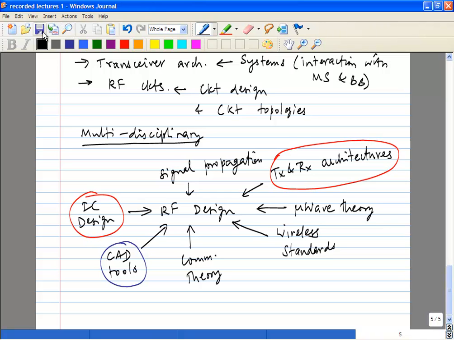The thing to remember is CAD tools are indispensable for modern RFIC design. However, do not over rely on CAD tools completely. Keep in mind your intuition and knowledge.